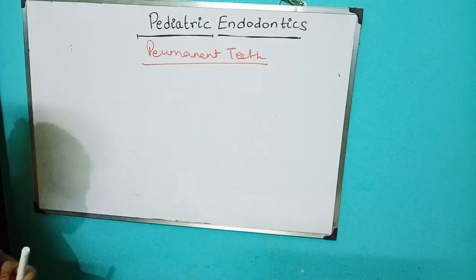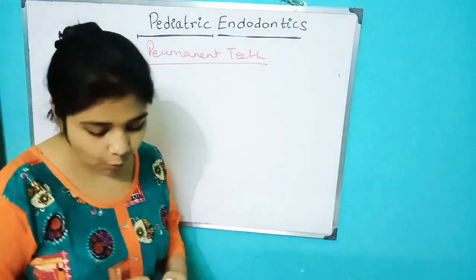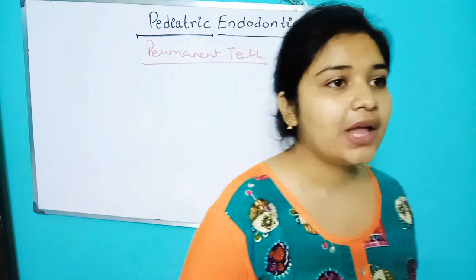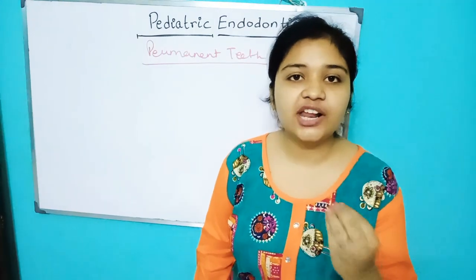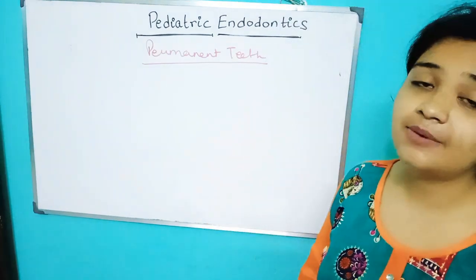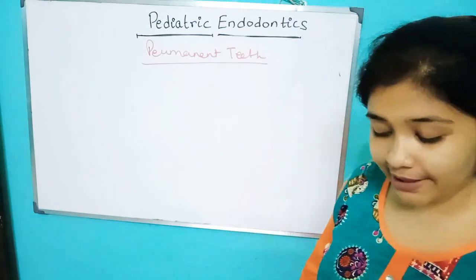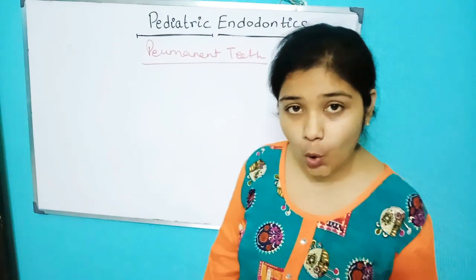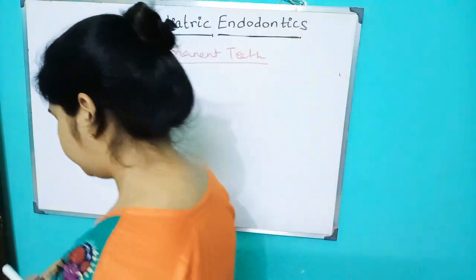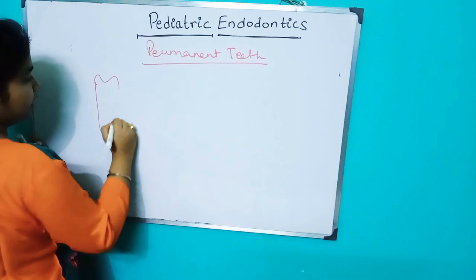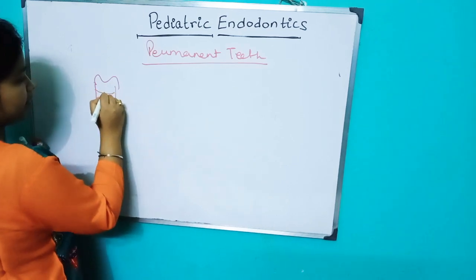The problem is a vital tooth with small pulp exposure. The teeth which have life, which have pulp, which is living, are vital. So a tooth where we have a pulp exposure.